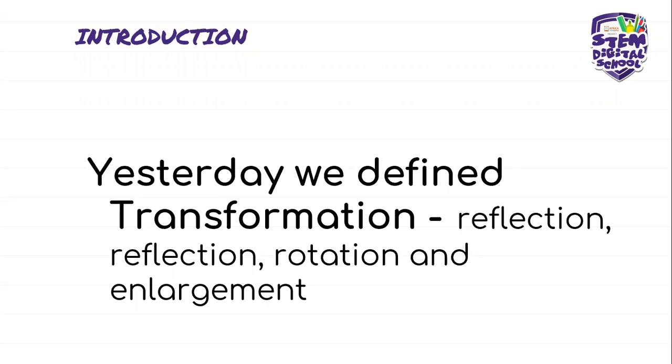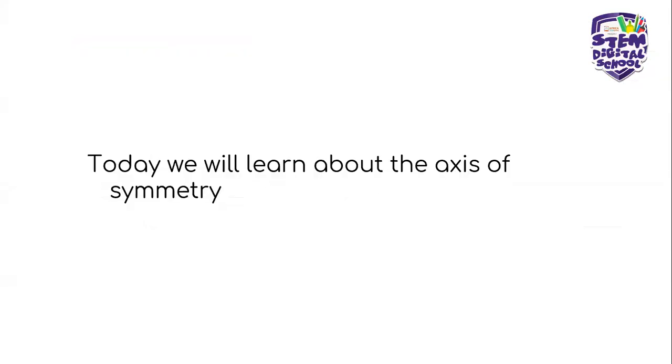The first 2 questions were translation, and the other one was rotation. Remember, rotation about 90 degrees in a clockwise direction. And this is something that I taught you yesterday. And today we are going to learn about the axis of symmetry.